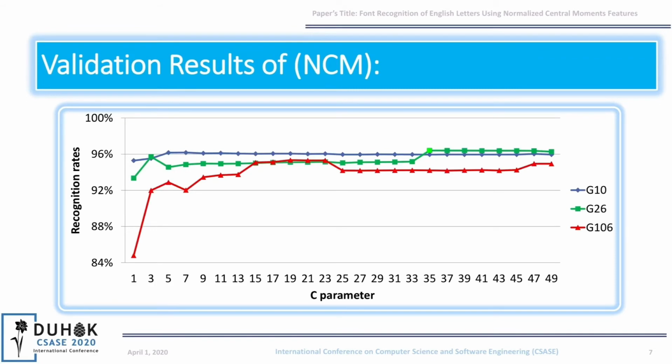For normalized central moment features, the light green dot, when C is 35 and gamma is 1 over 26, is the base recognition rate. The same process has been done for the distance profile features.